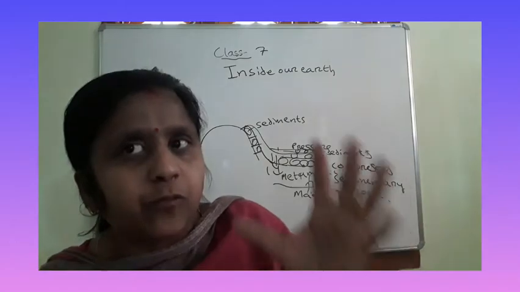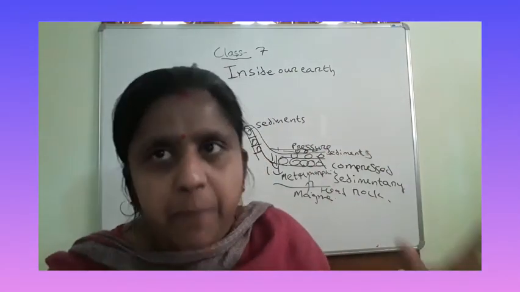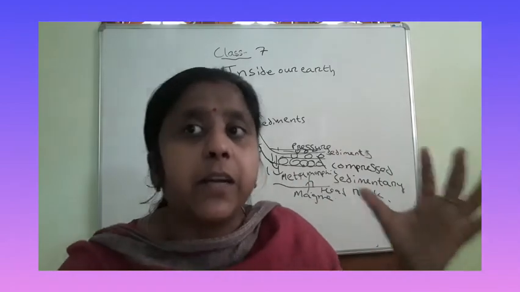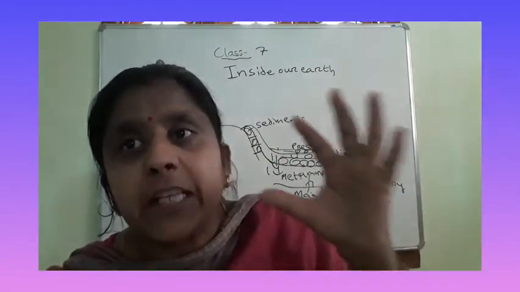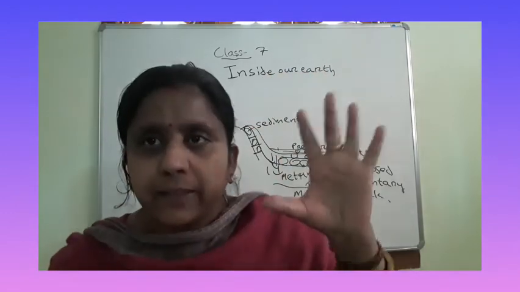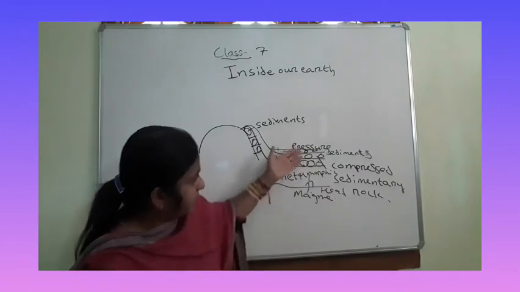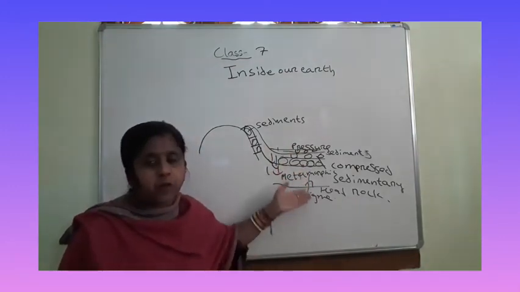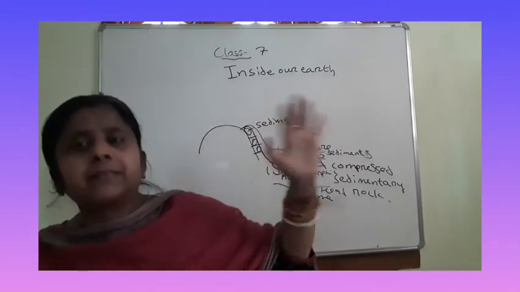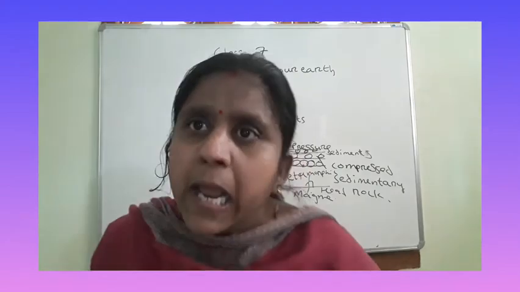Metamorphic rock comes from the Greek word metamorphos, which means change of form. The sedimentary rocks, due to the pressure applied, are more and more compressed, and with the heat from the hot molten magma, this rock changes into metamorphic rock.